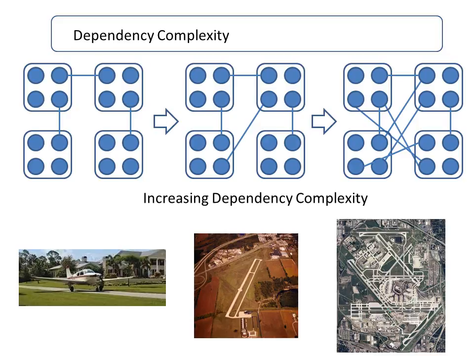This is the kind of complexity increase that we see as we go from a backyard runway that can only support one single plane to a multi-plane runway that's supporting a small airport to Chicago O'Hare, which is supporting a huge number of planes coming in every day. That represents the complexity increases that we see as dependencies between systems increase.